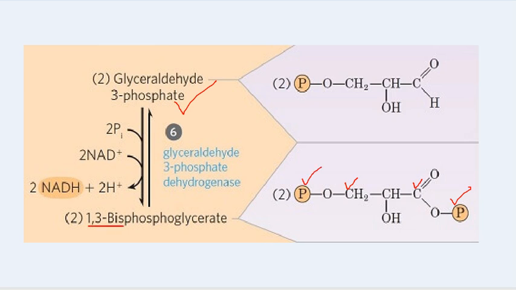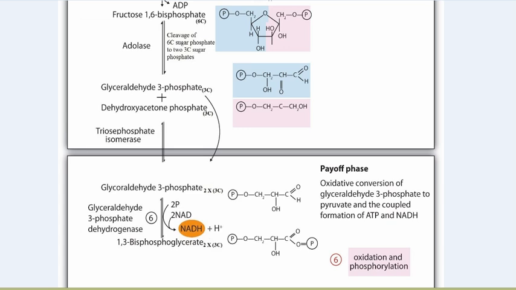So 1,3-biphosphoglyceric acid. We were with 2 molecules, so 2 phosphate were added, 2 NAD came, 2 NADH came out, 2 times H plus came out. So this is the 6th job and this has been completed. We got 1,3-biphosphoglycerate.